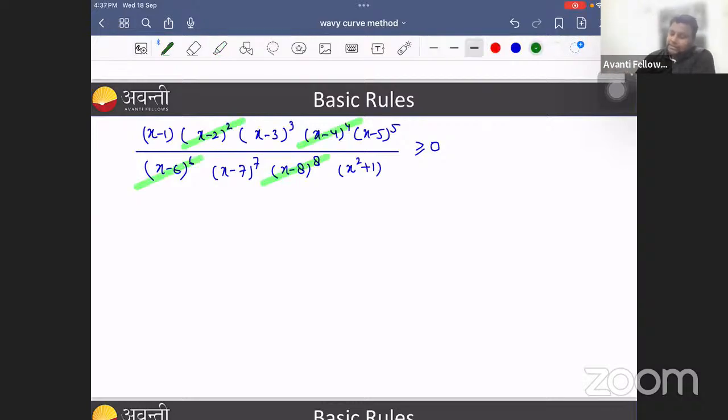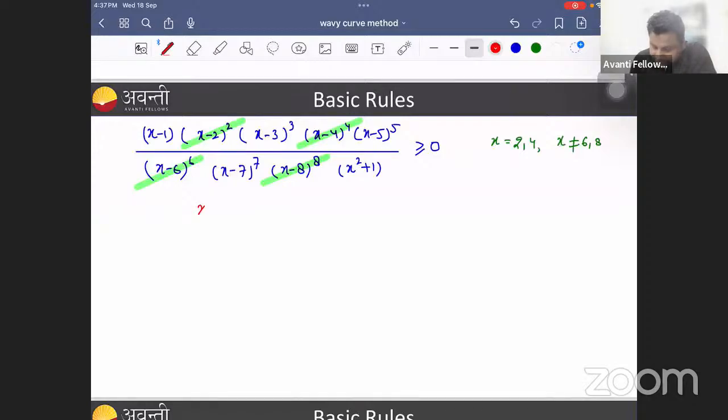But sidewise, make a note that x equals 2 and 4 will be part of the final answer because they are the zeros of the numerator and equality is there. And x should not be 6 and 8 because they are the zeros of the denominator. They will never be included. Got it? Now the question remains with me.